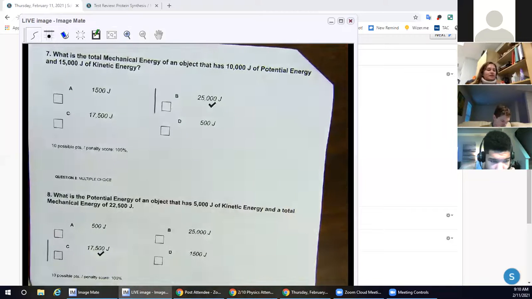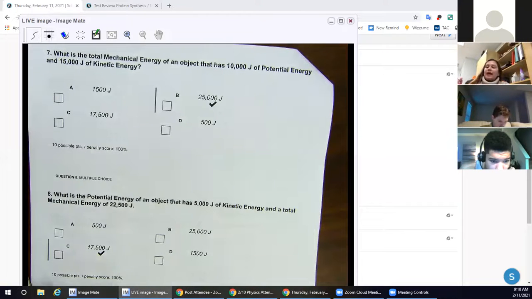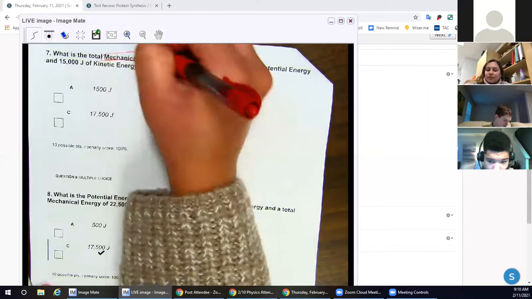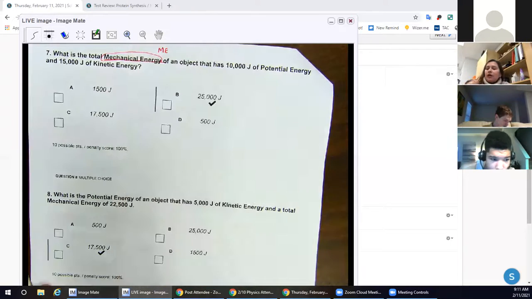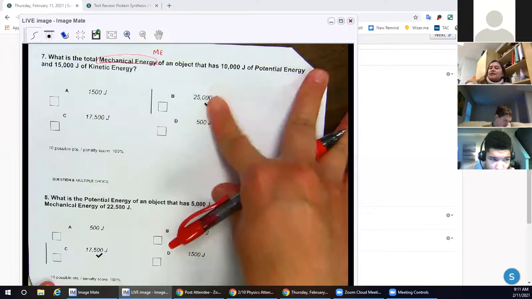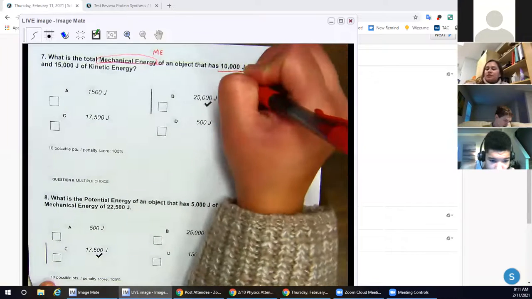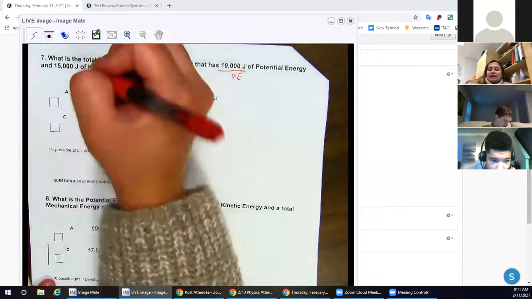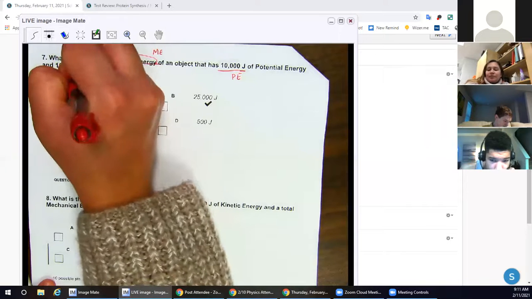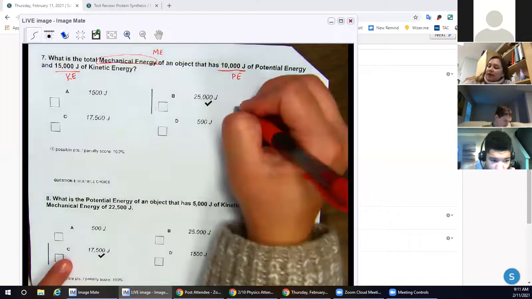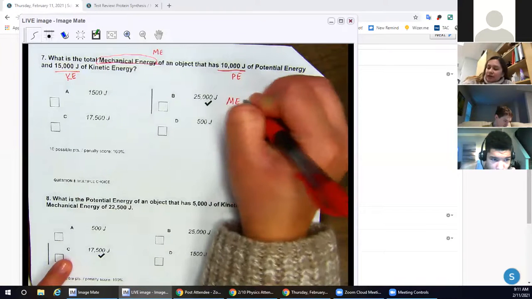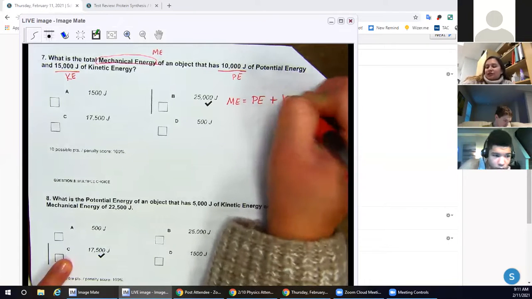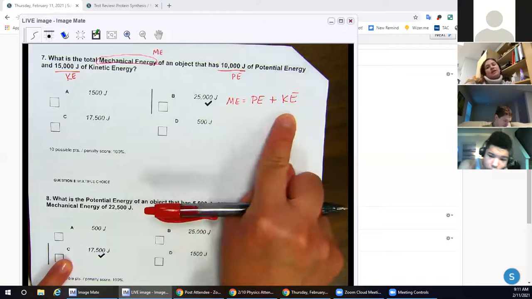Number 7, what is the total mechanical energy? So we're looking for mechanical energy this time. Of an object that has 10,000 joules of potential energy, so that's our PE, and 15,000 joules of kinetic energy, so that's our KE. So the formula for mechanical energy, remember, it's your potential energy plus your kinetic energy, or vice versa, kinetic plus potential.